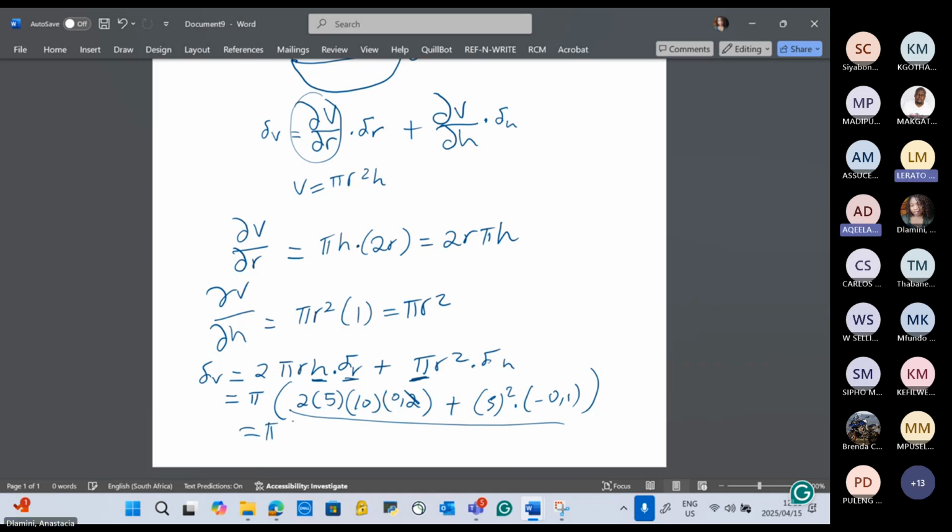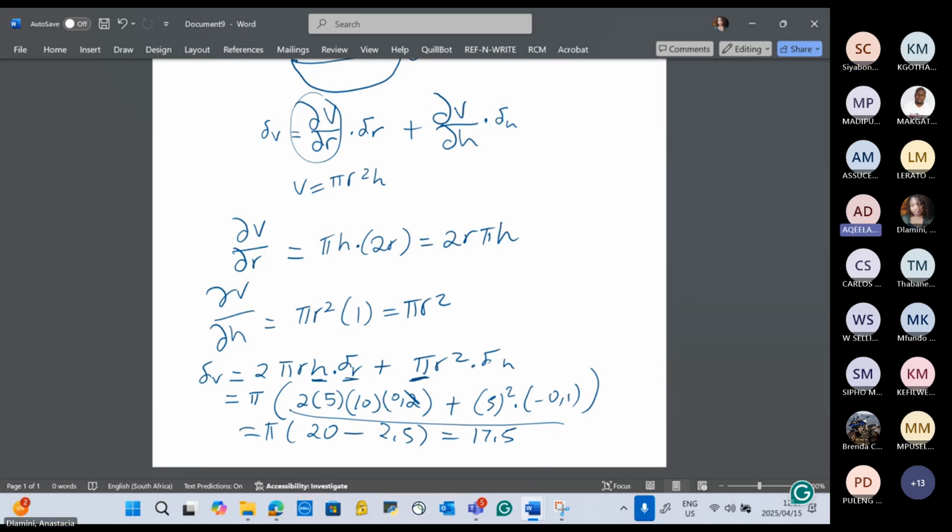Yes, 20. Minus 2.5. So the answer is what? 17.5 pi. Okay, what is the unit?